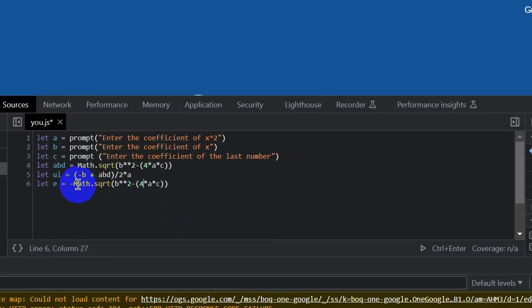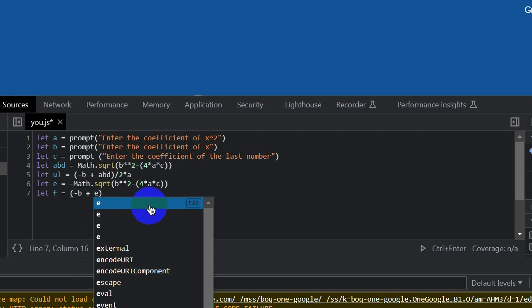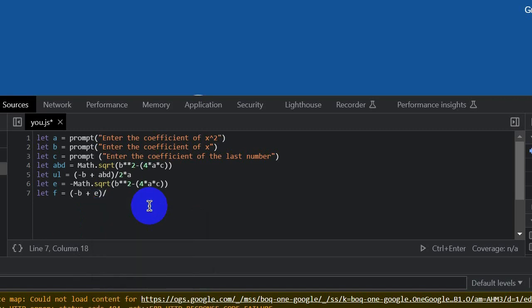So let f is equals to minus b plus, sorry, wait, plus e, divided by 2 asterisk a. It's very critical.